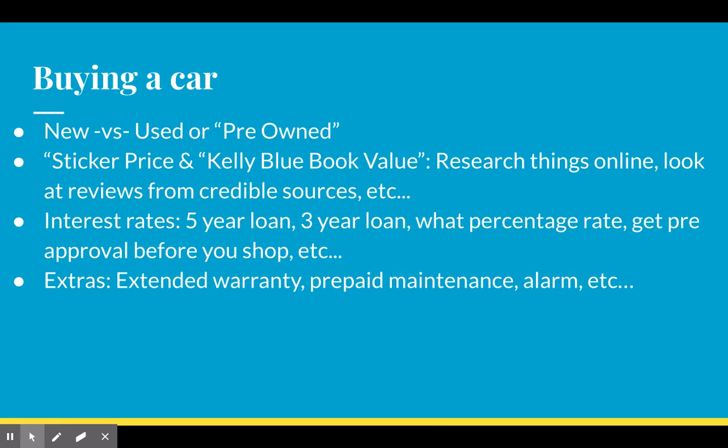But if you buy it from a dealership, they're going to say, hey, do you want an extended warranty? Well, it's kind of a gamble. Should you pay up front, to give yourself some insurance on your car being taken care of? Because every new car you buy is going to have a warranty on it, but you might get an extended warranty, and you're going to pay for that. You're going to pay several thousand for that.